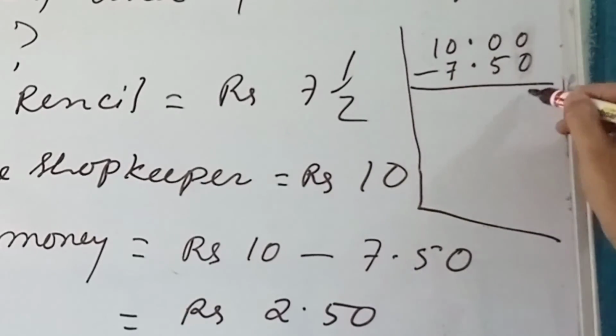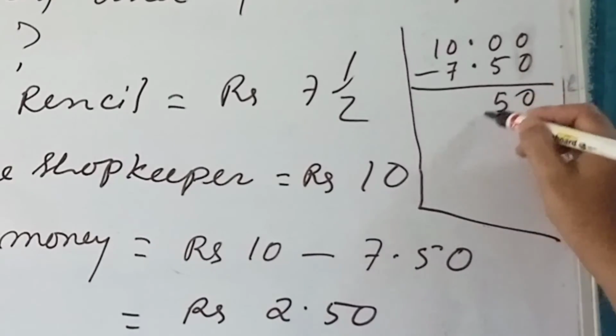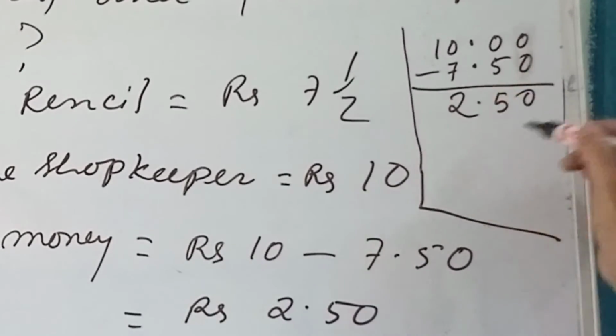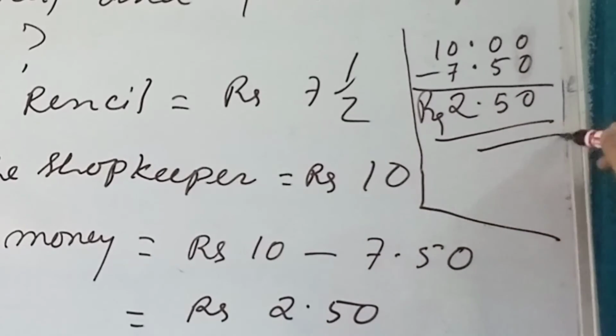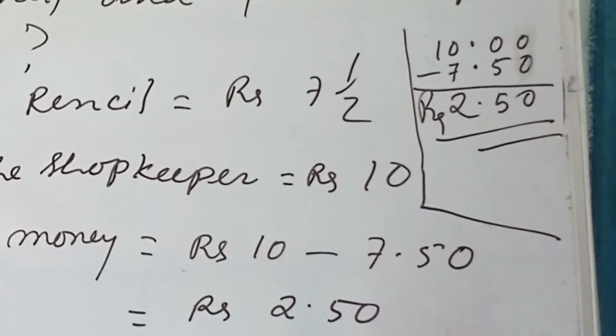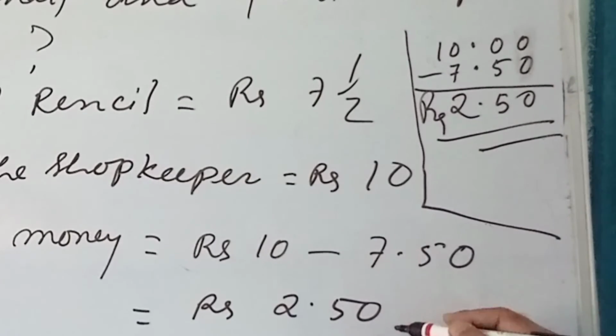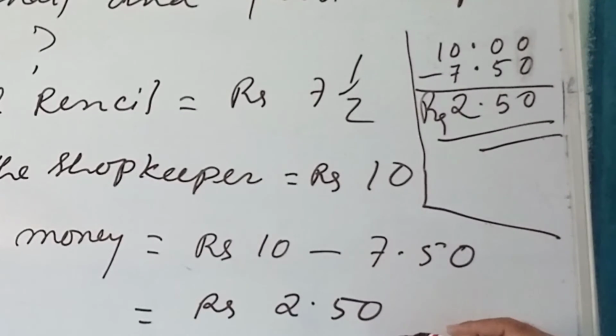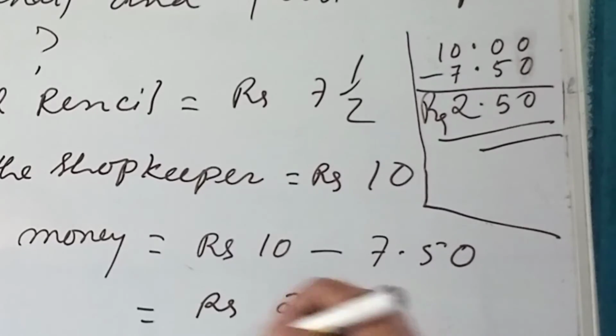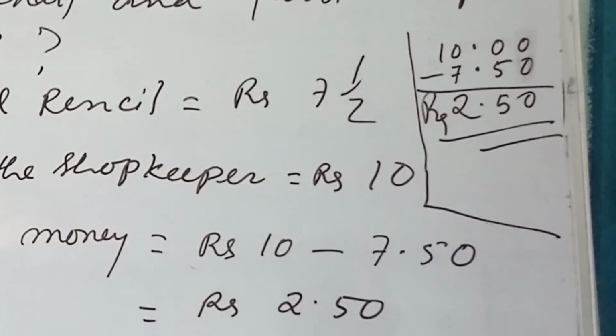Then if you subtract, 0, here it will be 5 and here it will be 2. That means 2 rupees 50 paise. So we got 2 rupees 50 paise. This 2 rupees 50 paise is the amount given back to Latha by the shopkeeper.